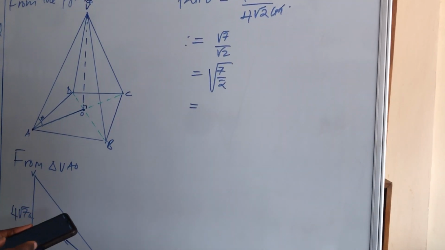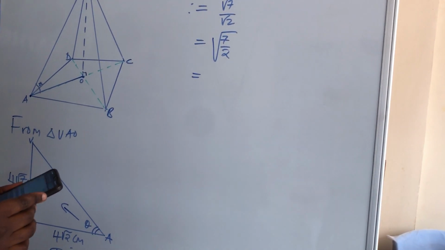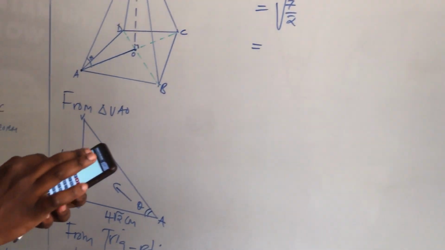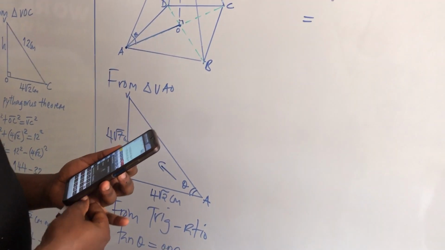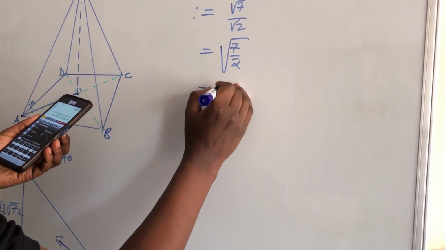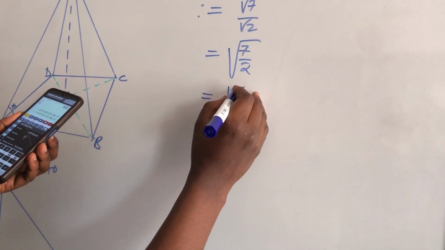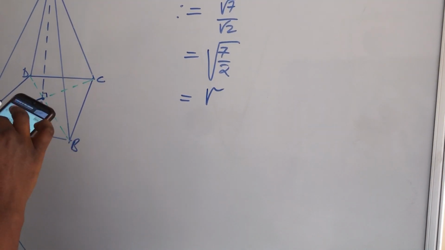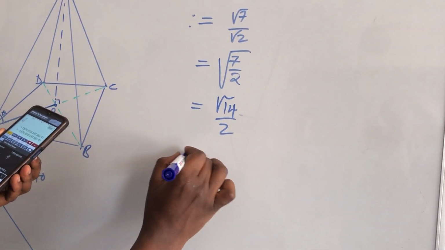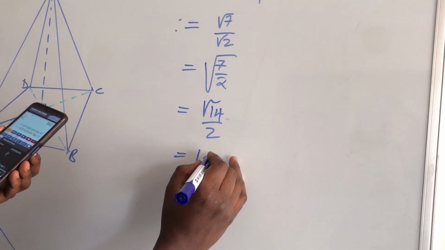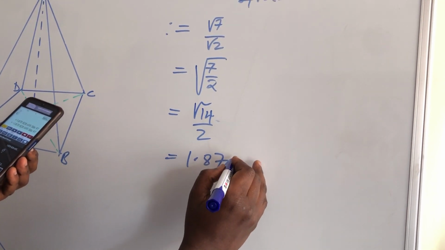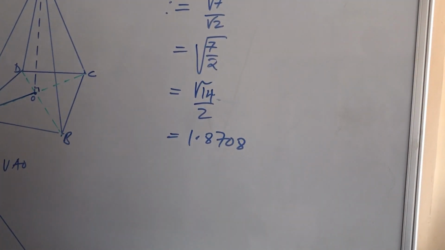So it's radical of 7 divided by 2, and this equals radical of 14 over 2, which equals 1.8708, to 4 figures.